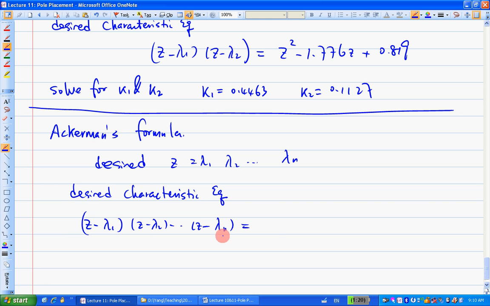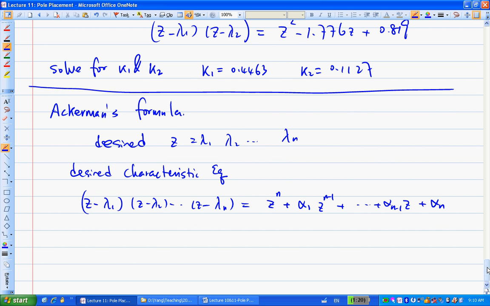If we expand this out, it would take a format like this. So that's your desired characteristic equation, equal to 0.